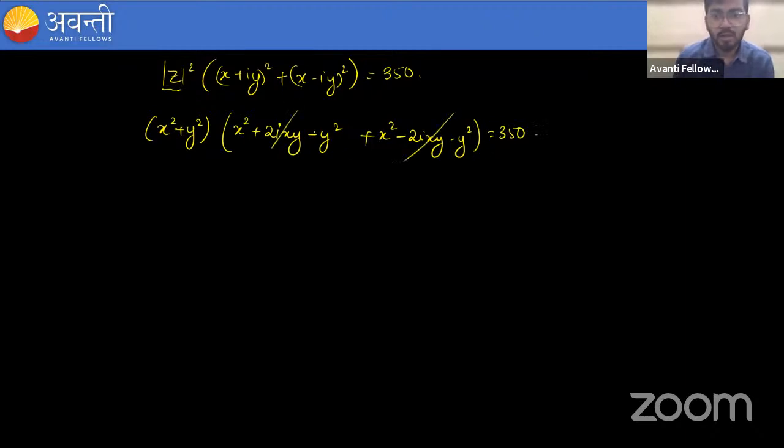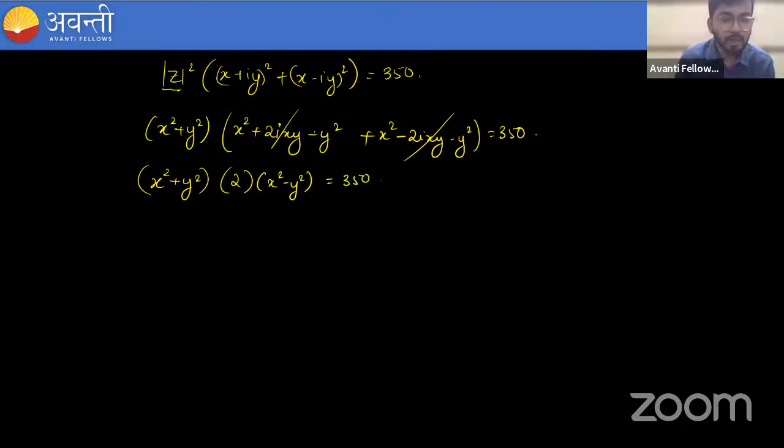So these 2ixy's will get cancelled and inside there will be 2 times x square minus y square, so x square plus y square into 2 times x square minus y square is equal to 350.